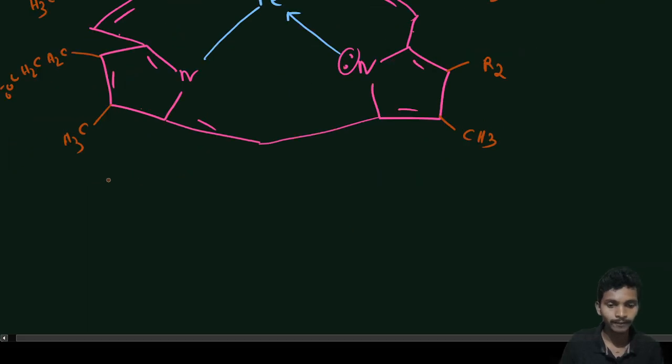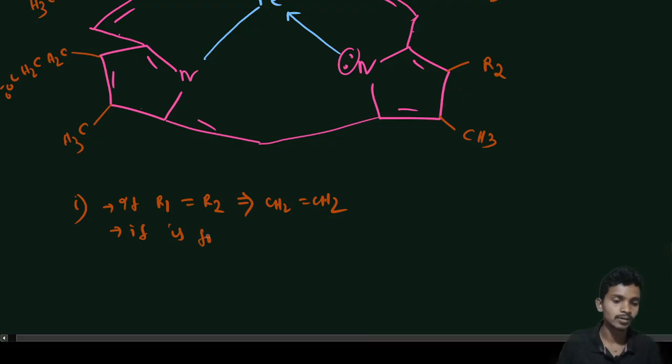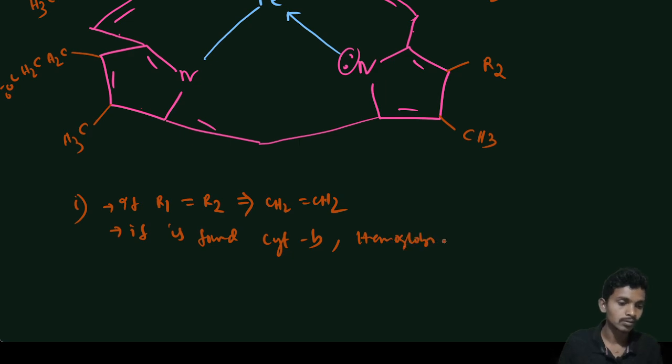And what it says is that if R1 equals R2, and that is equal to CH2 double bond CH2, then it is found in cytochrome B, that is hemoglobin and myoglobin, there it will be found.